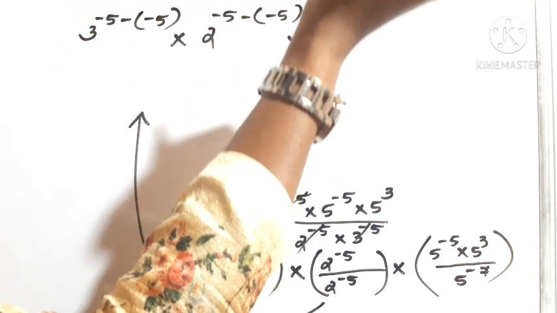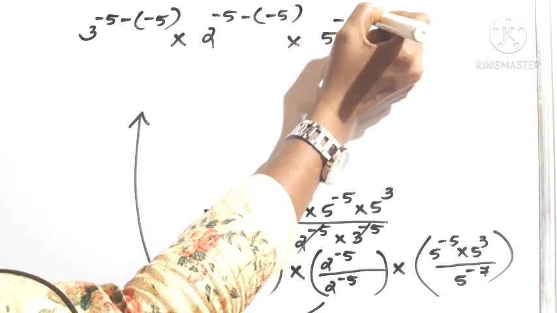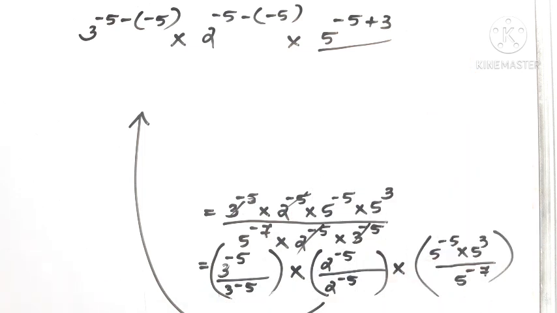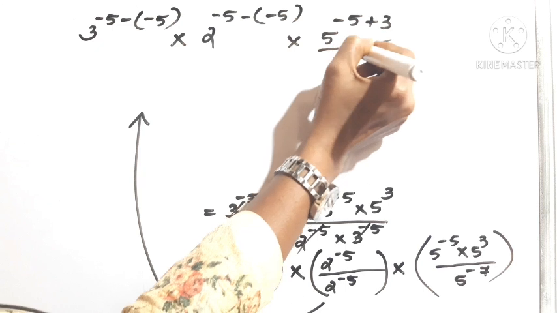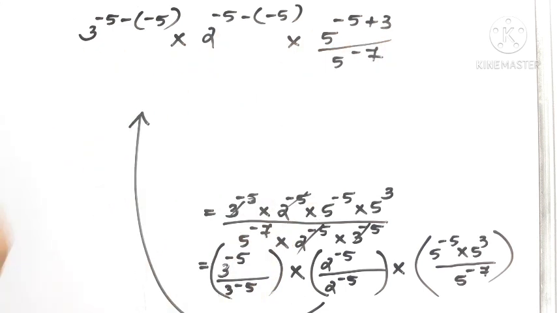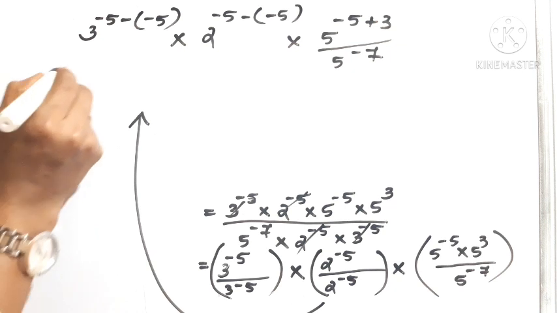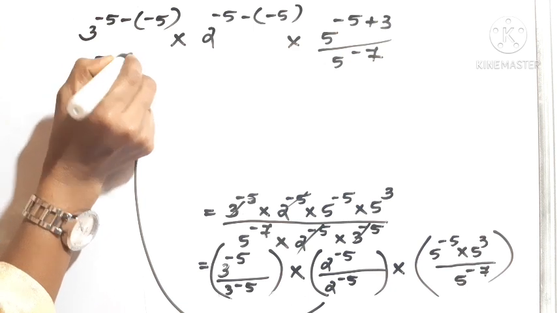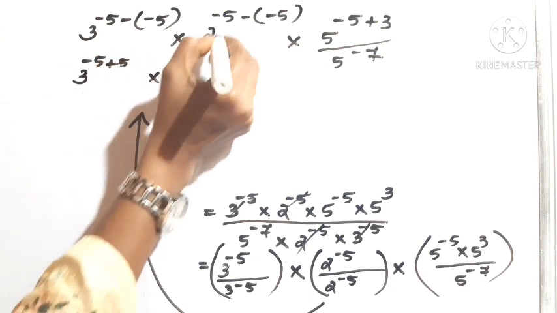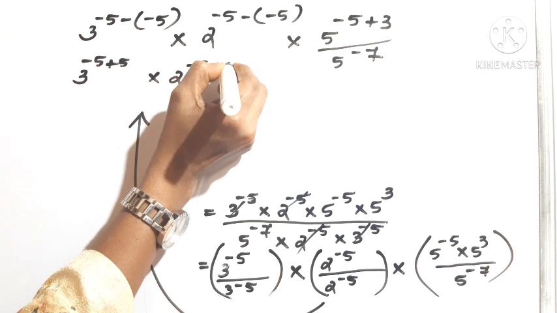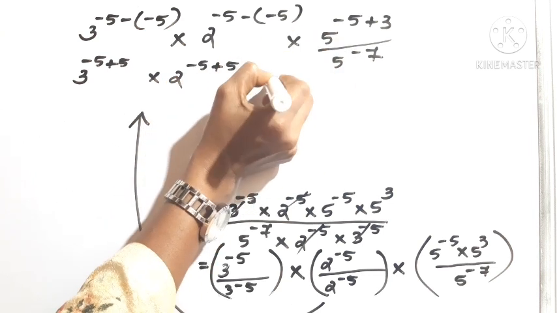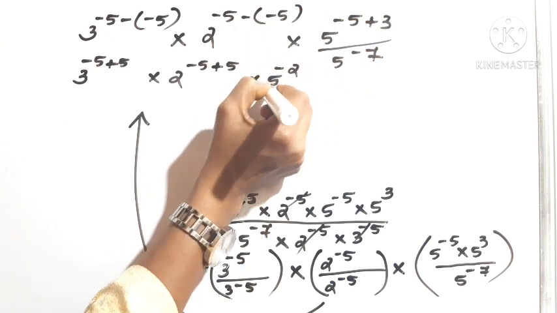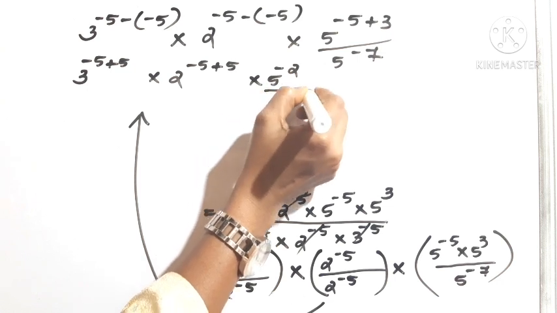Yes, a raised to m plus n, 5 raised to minus 5 plus 3 divided by 5 raised to minus 7, no children? 5 raised to minus 7 also equals, listen carefully children, 3 raised to minus 5 plus 5 into 2 raised to minus 5 plus 5 into 5 raised to minus 5 plus 3, how much children? Yes, minus 2 divided by 5 raised to minus 7.